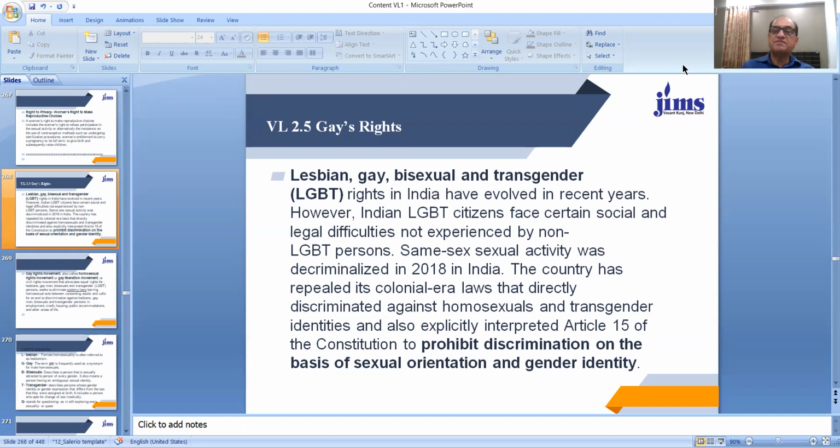You see, same-sex sexual activity was decriminalized in 2018 in India by a judgment of the Supreme Court.